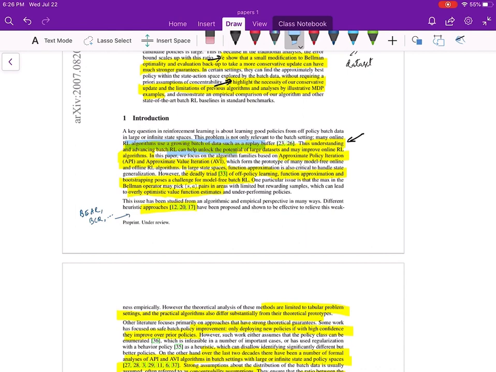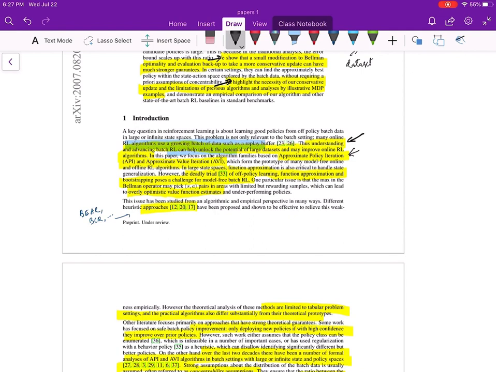So let's get back to this introduction. Approximate policy iteration and approximate value iteration are being used, which are model free algorithms. These can be thought of as something like a least squares problem, which I'll talk about later in this video.